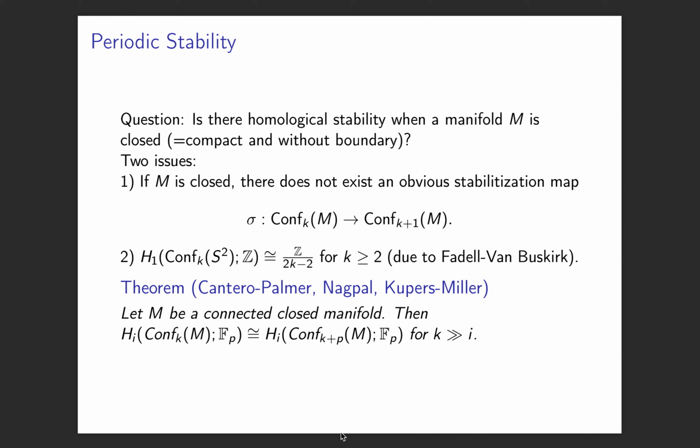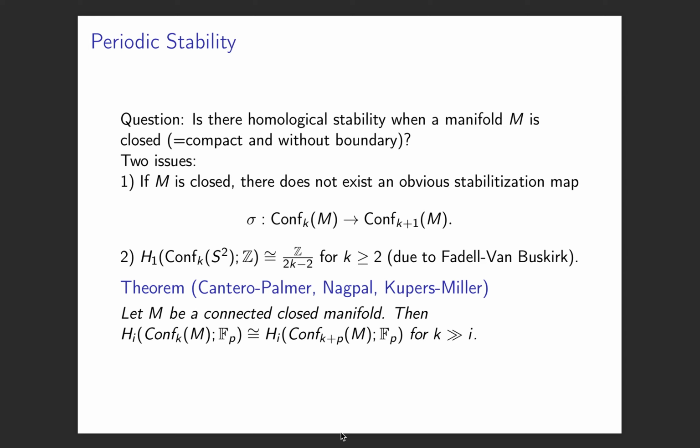And to my knowledge, I don't know if there is such a map, but what I was able to do actually was produce a map on the chain level between chains on the configuration space of K points on M, and here I mean chains with FP coefficients.